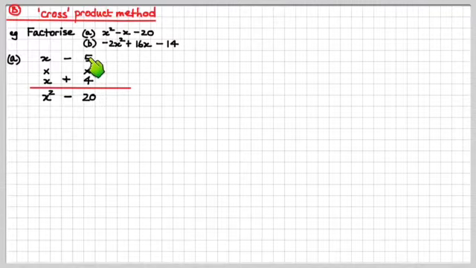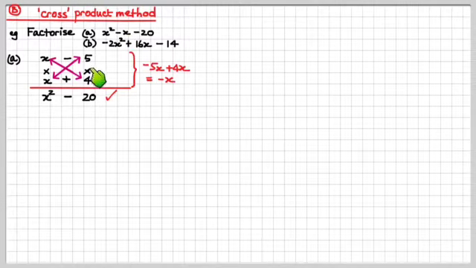Now, we've got to make sure that this middle term works out being correct. And how we do that is we do diagonal multiplication. The result of the diagonal multiplication this way, of the plus 4 and the x, and of the minus 5 and the x diagonally this way, has to come out to minus x. Otherwise, we've got it wrong. Okay?